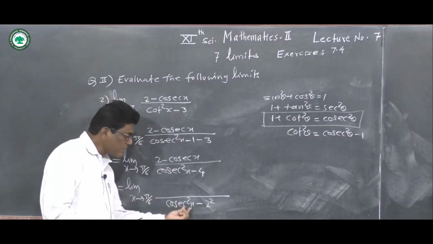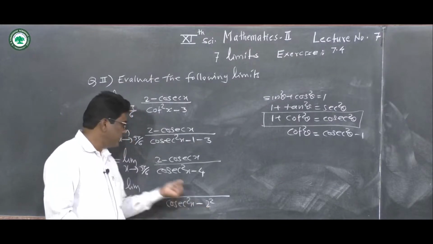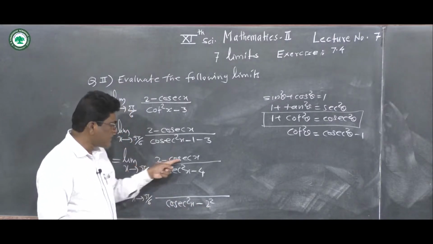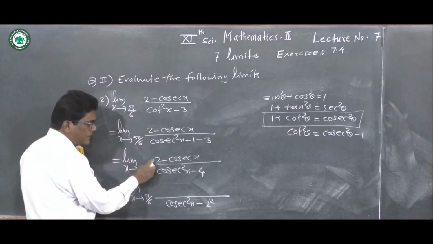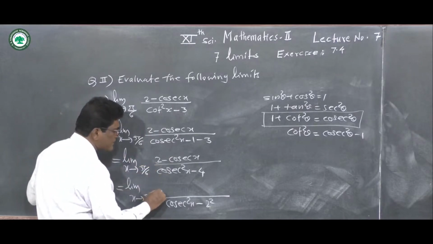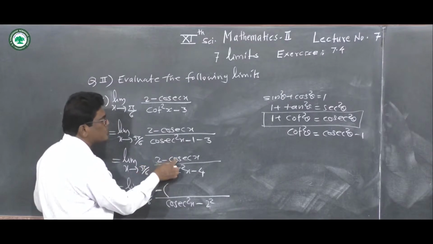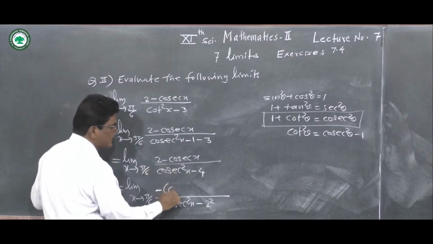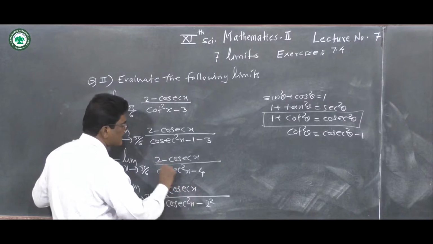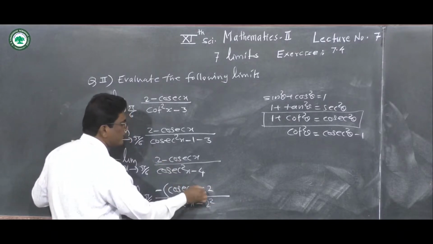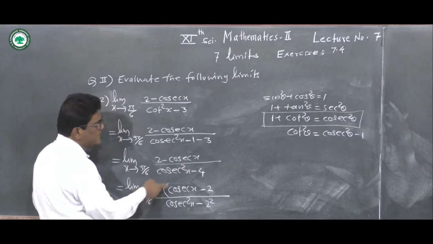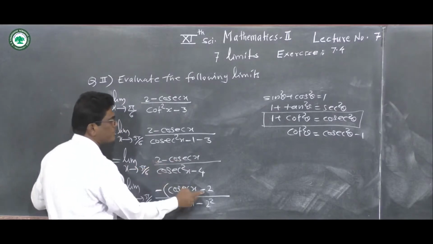So cosec x minus 2 is a factor. But in the numerator it is 2 minus cosec x, so we take a minus sign common. Then the 2 becomes minus 2 and cosec x is written first, so cosec x minus 2.